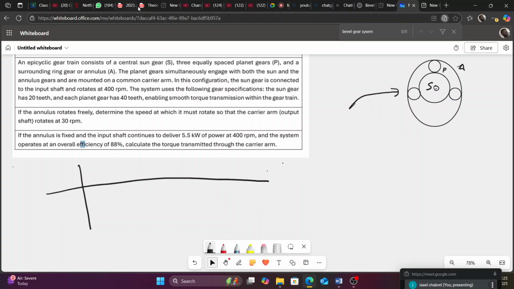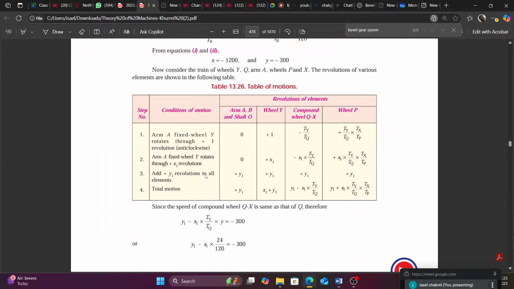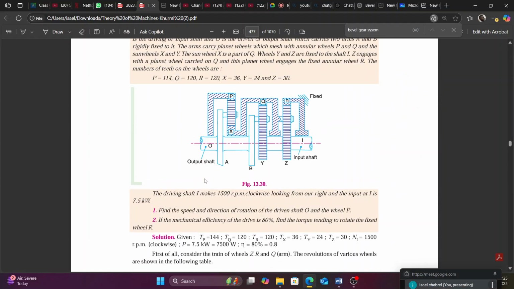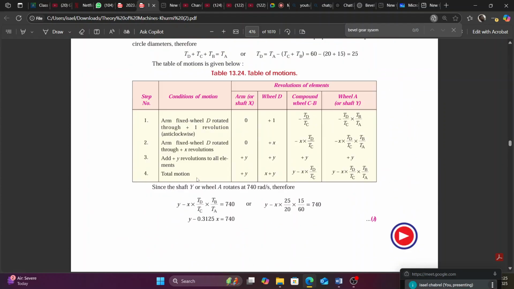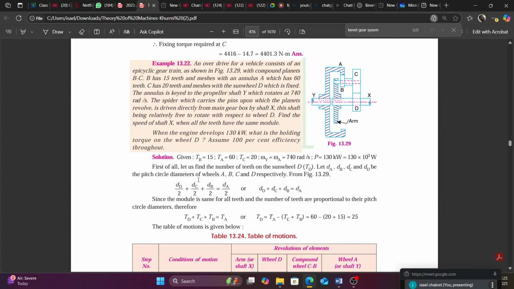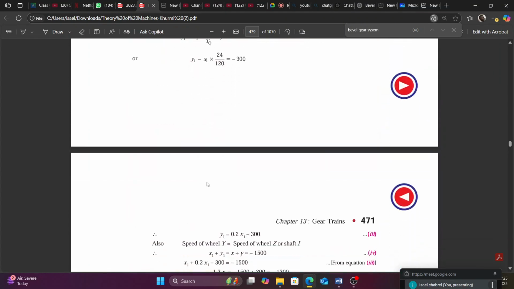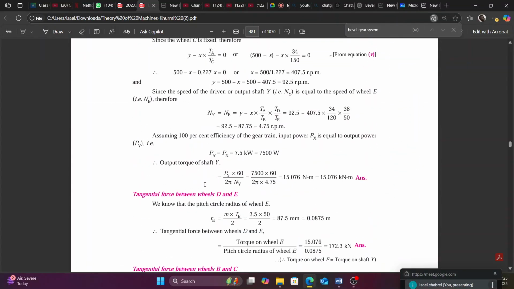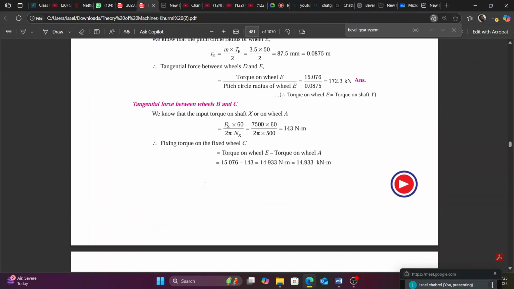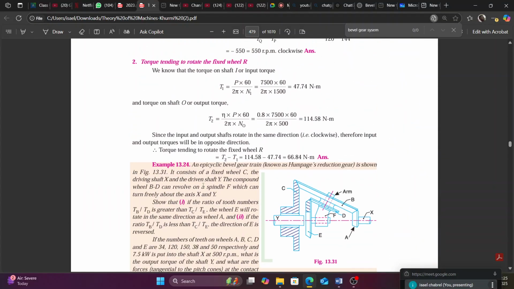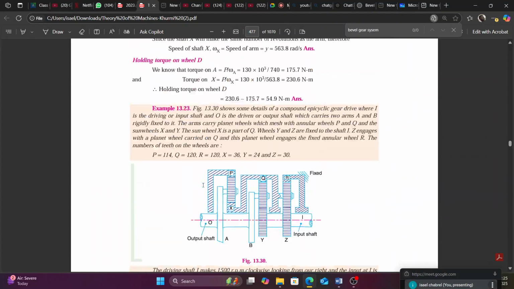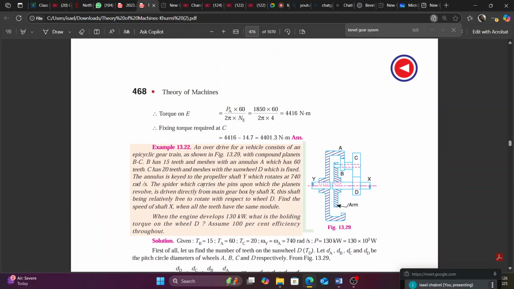So let me show you how it is done. Hopefully there's an example. What was the example of yesterday? It was 13.20.